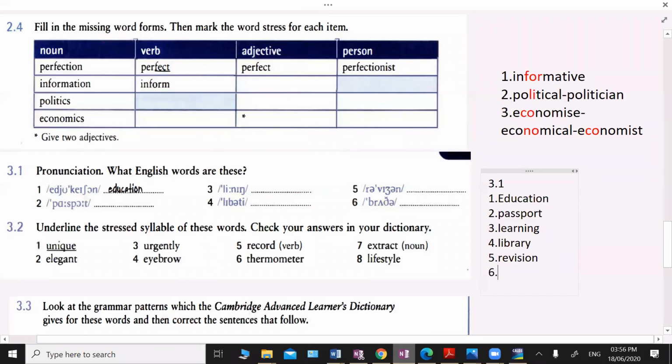Number 6. Someone says, brave. No, it's not brave.